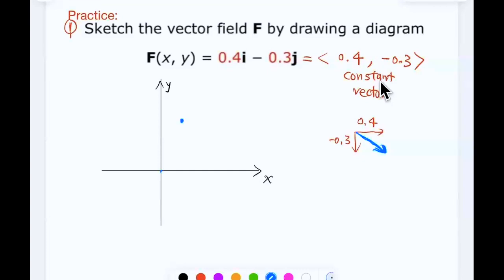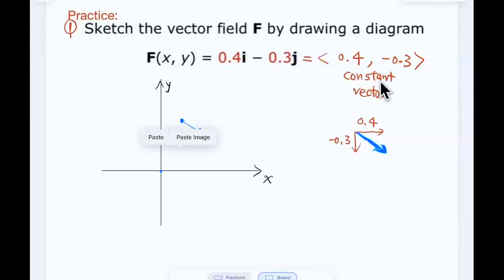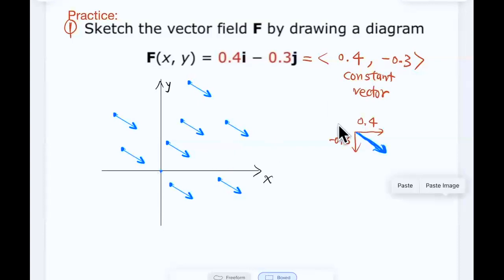I'm going to copy this and then paste it. For every point on the domain, the output will be the same. It's a constant vector. So this one here is very simple. It's a constant vector.